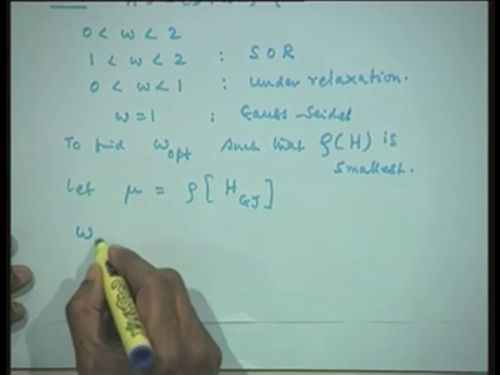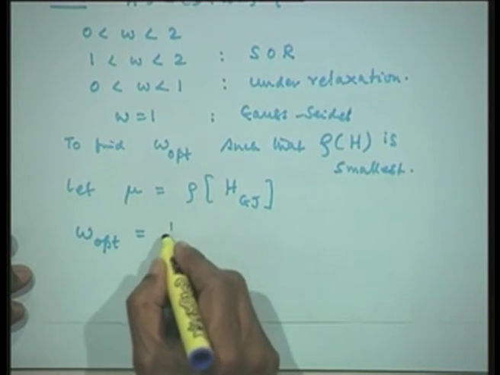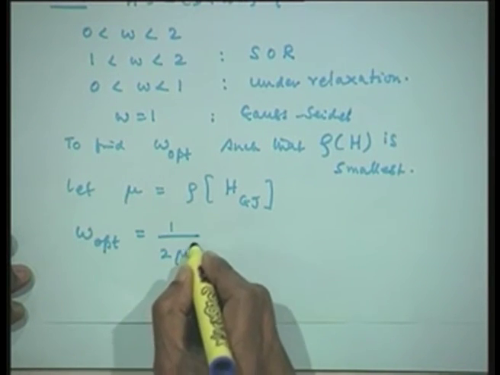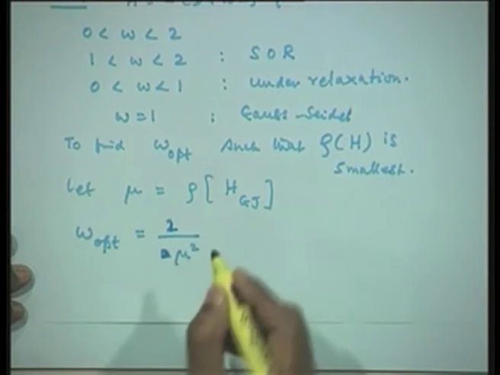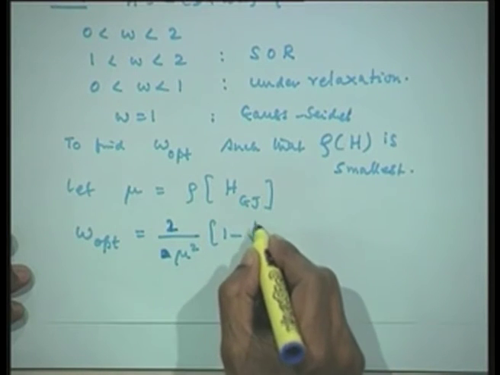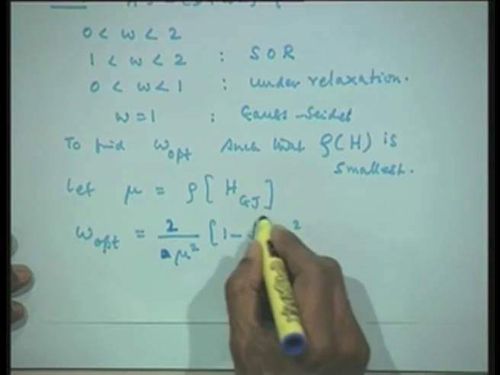Then omega optimum is given by 2 upon 1 minus under root 1 minus mu square, over mu square.